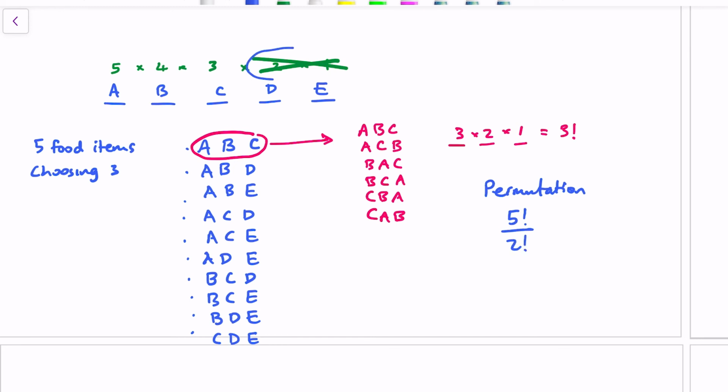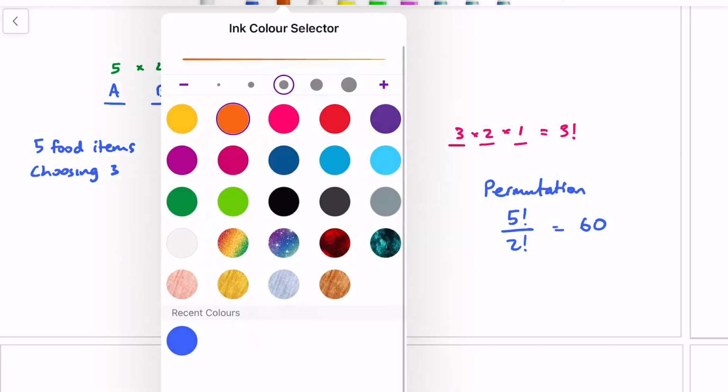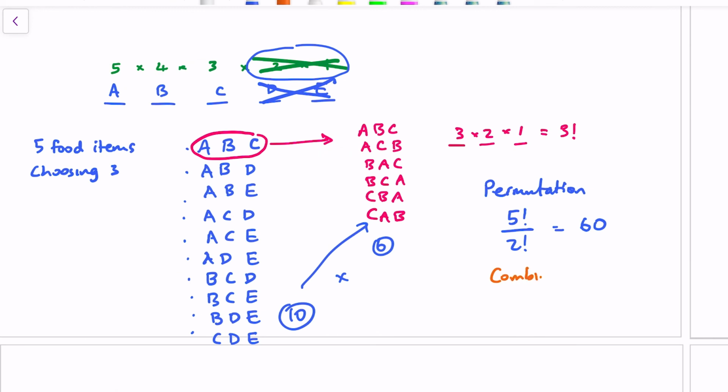That was me cancelling the last 2 because we were only choosing 3, and 5 factorial divided by 2 factorial gives you 5 times 4 times 3, which is 60. That's if all of the ABC, ACB, etc. are different, because there are 10 ways of choosing, and then there are 6 orderings, so 10 times 6 is 60.